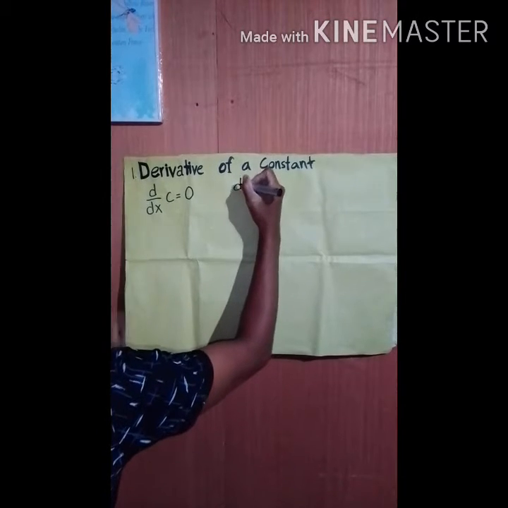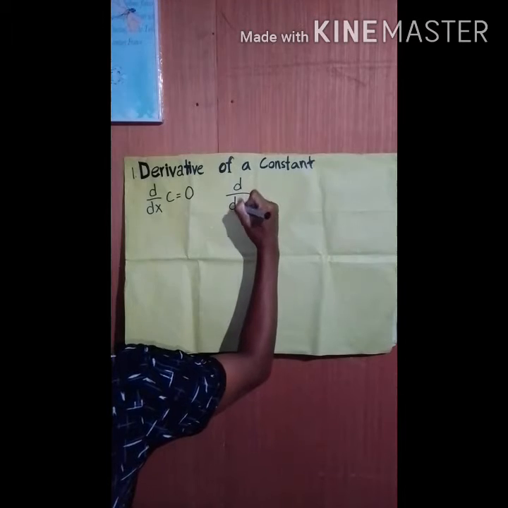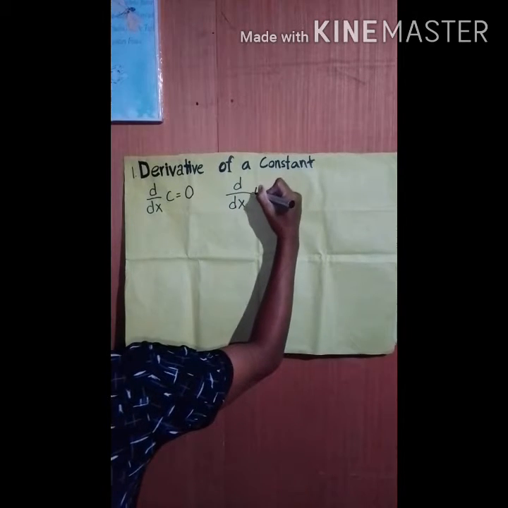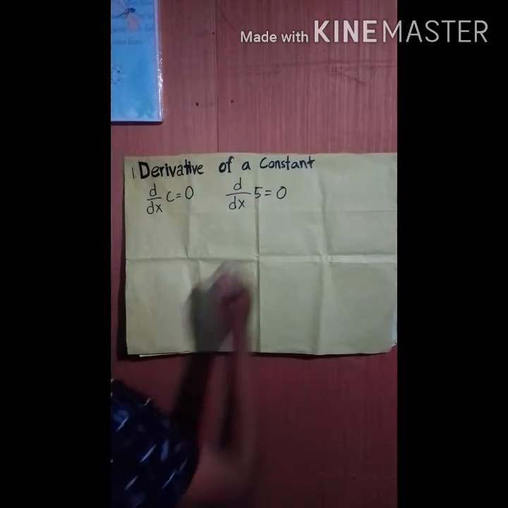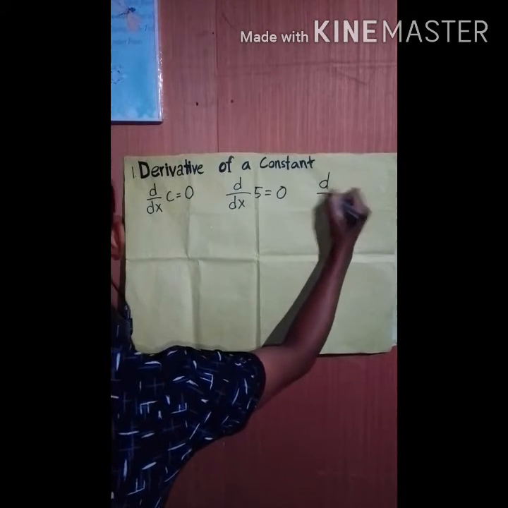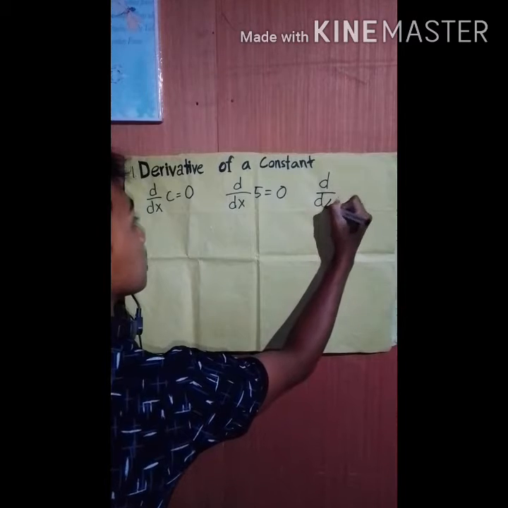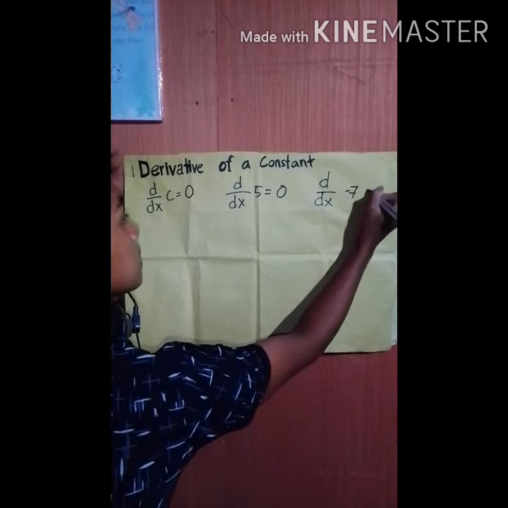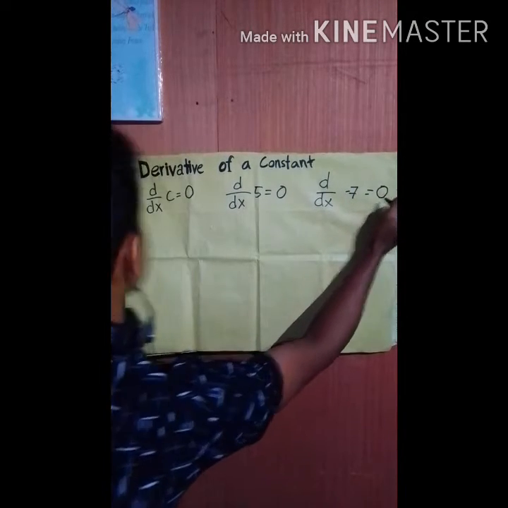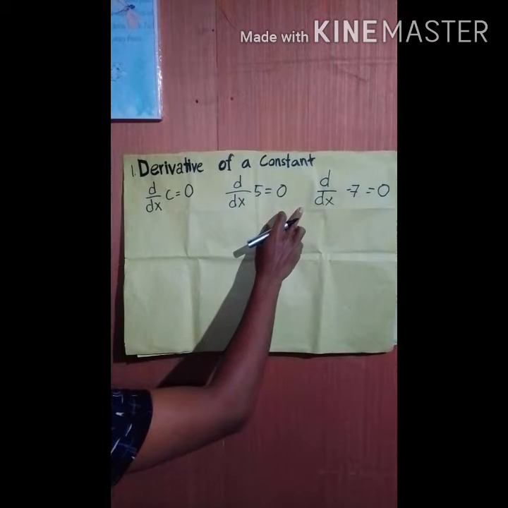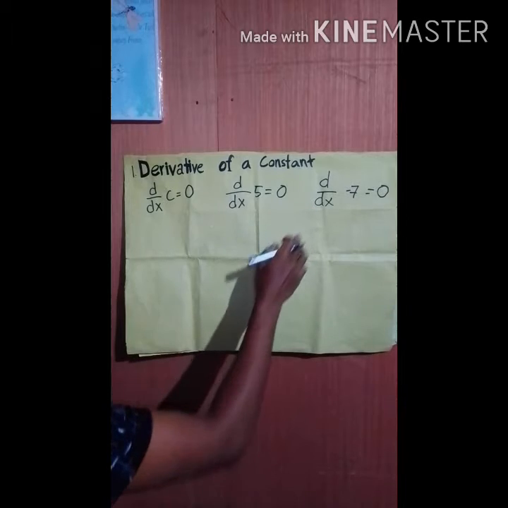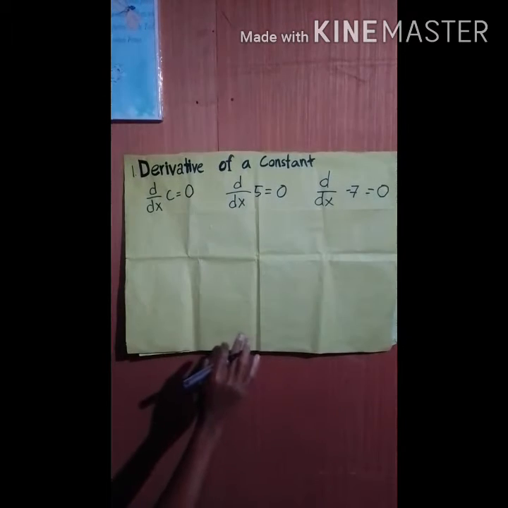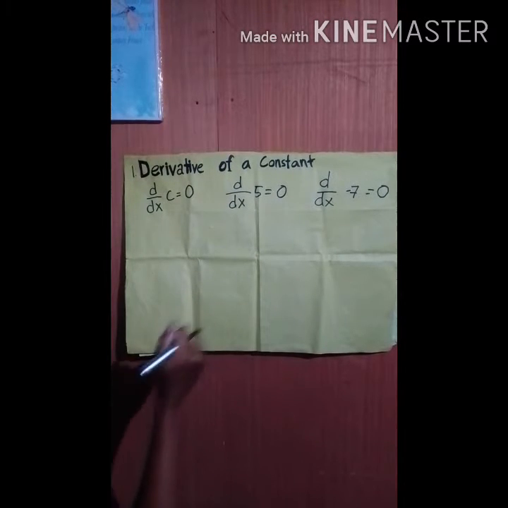The derivative of 5 is equal to 0. Another one, the derivative of negative 7 is equal to 0. There is no variable attached to it, so the answer is 0.